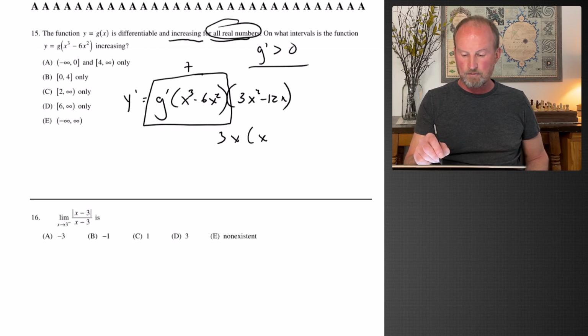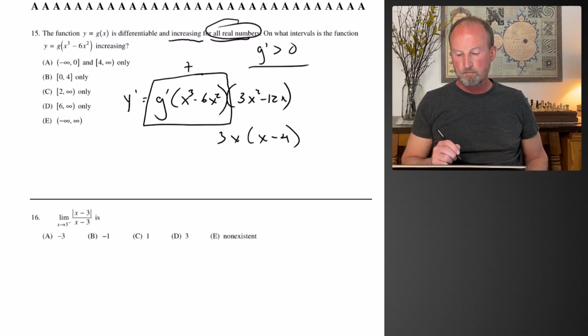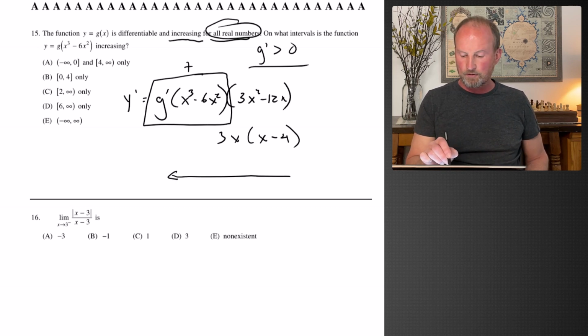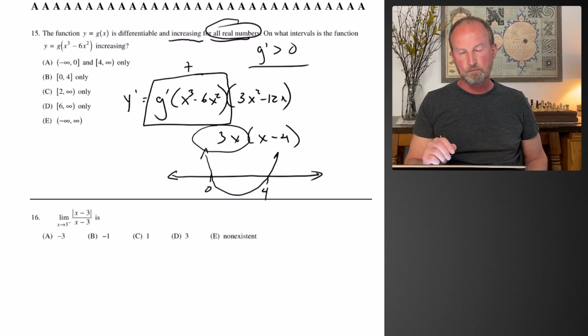I'm going to factor that. Do the same thing I did before. I want to know where this is positive and negative, so my first step is to know where it's 0. This is a parabola, so my parabola is going to come through here like this. It's right side up because this is positive. So my function 3x squared minus 12x is positive here, negative here, positive here.